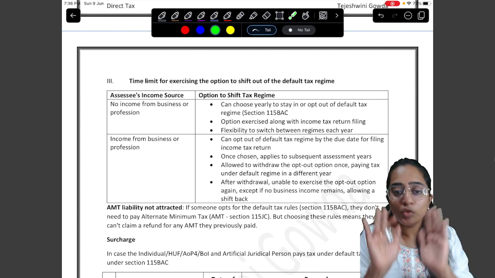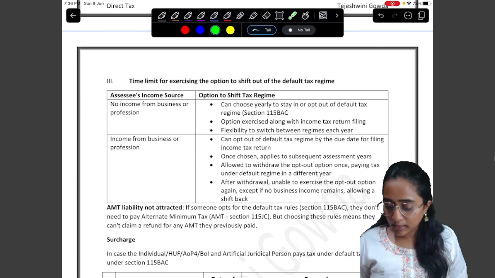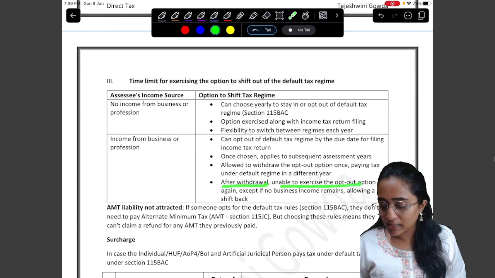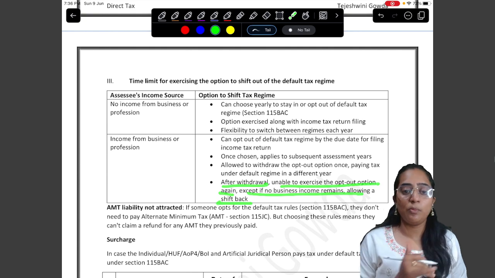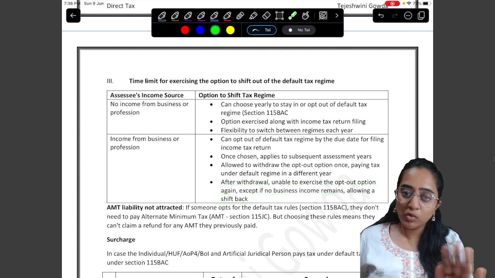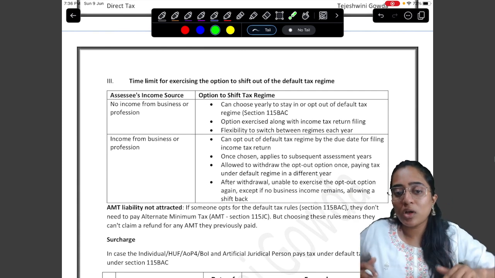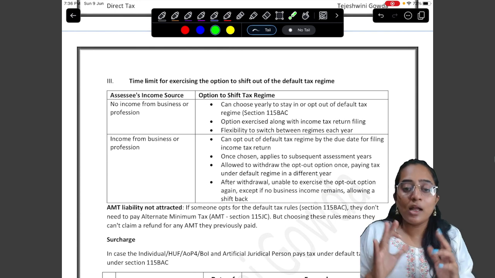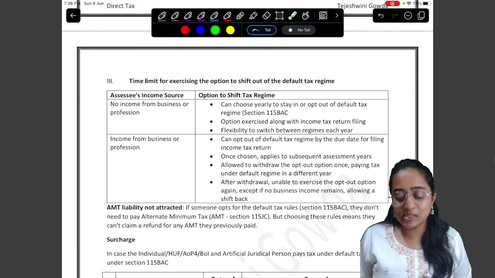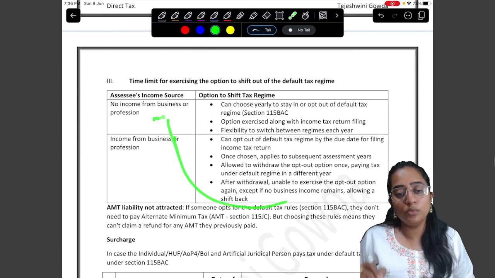Remember, once you opt out, you can't opt in again. That is, after withdrawal, you are unable to exercise the option again, except if no business income remains, allowing a shift. Once you opt out, you can't opt in again until and unless you don't have any business income. Then again, you come to this category.